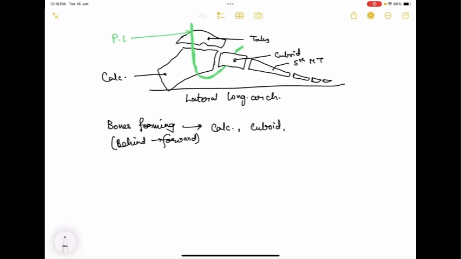Talus does not take part here. 4th and 5th metatarsal, because the first 3 metatarsals, the navicular bone, and all 3 cuneiform bones are already involved in the medial longitudinal arch. So we don't need to write about them here. 5th metatarsal up to their heads.